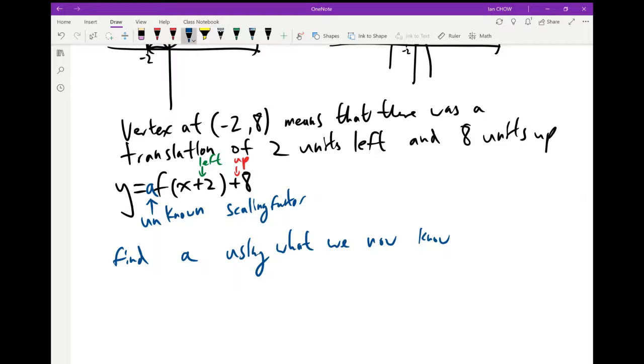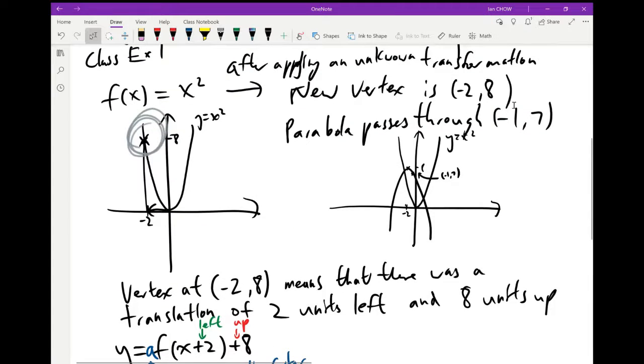Now we have to find a using what we now know. And what do we know? We know the plus 2, we know the plus 8. All we need to do is substitute in some x and y, in which we have 2 points. We have -2, 8, we have -1, 7.